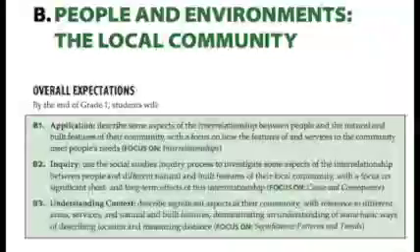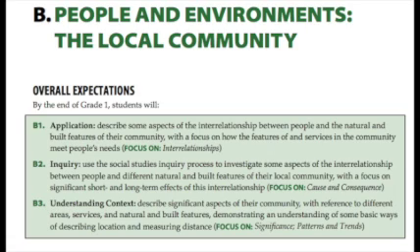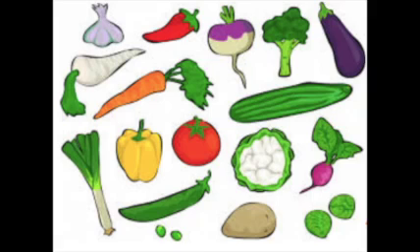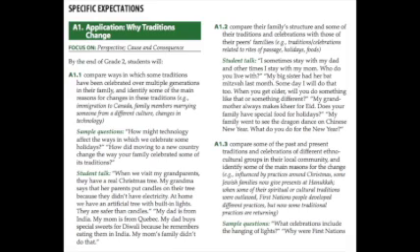Next are the overall expectations. This is the croutons of our salad. They describe in general terms the knowledge and skills the students are expected to demonstrate by the end of each grade. Finally, the last piece of our salad, the specific expectations, describe the expected knowledge and skills in greater detail. Like the veggies in your salad, there might be multiple specific expectations or just one in a lesson.